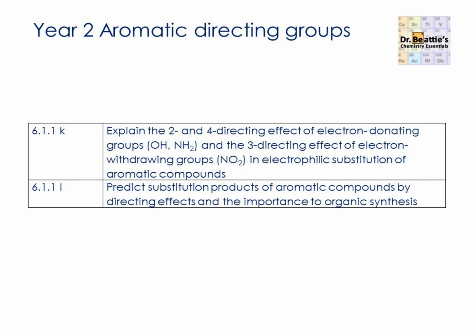In this video, we're going to be looking at directing groups on benzene rings and how they influence the reactivity. So from previous videos, we know that benzene has an electron density due to this delocalized pi system. So it itself is a source of negative electrons, and so it is attracted to electrophiles.